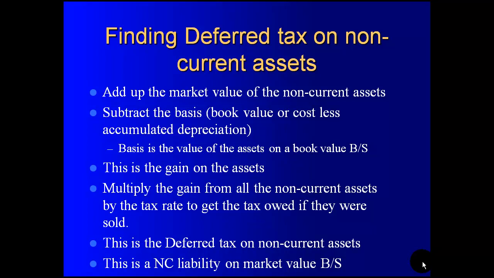So that market value less the basis or less the book value is the gain on the assets. You multiply that total gain from all the non-current assets by the tax rate, and that's going to give you the tax that you would owe if those assets were sold at the market value. This is the deferred tax on non-current assets, and it is a non-current liability on the balance sheet.